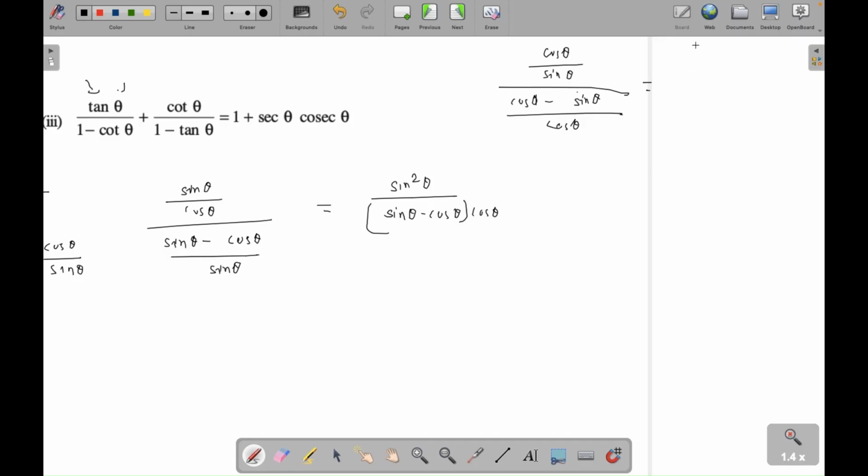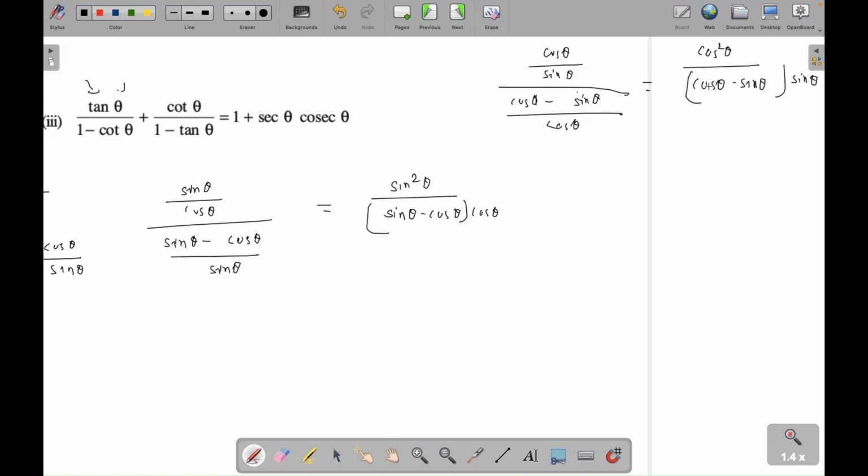So this becomes cos square theta upon cos theta minus sin theta upon sin theta. So see, this is symmetry. If I'm able to write tan theta like this, then for cot theta I just have to replace sine with cos and cos with sine. So even if we don't solve for this, we can directly write it using symmetry for tan and cot.